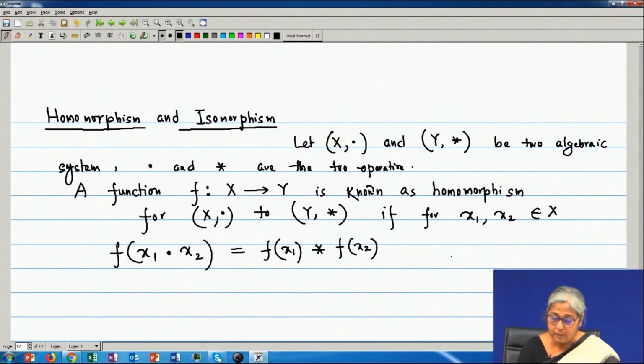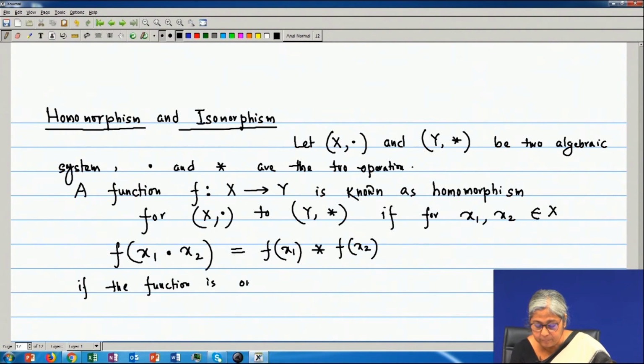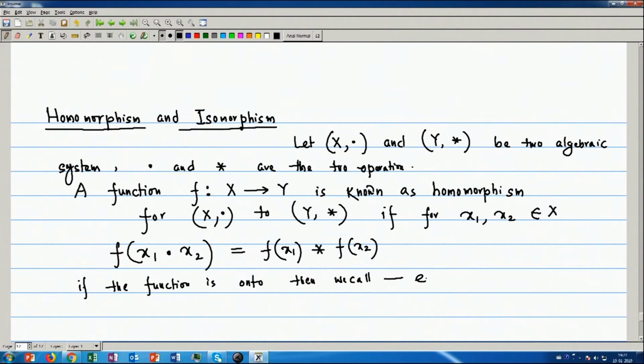And here we can also tell, since it is a function, that if the function is onto, then the term is epimorphism.